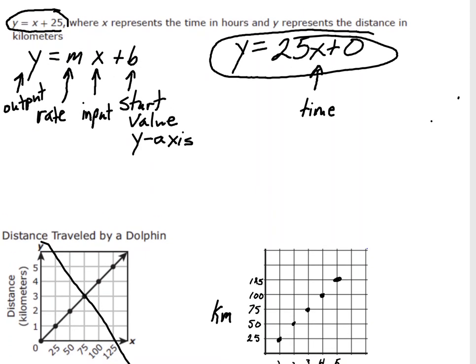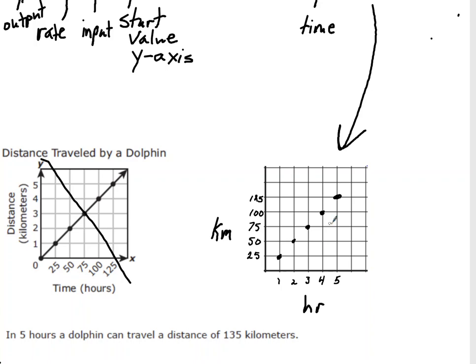Okay? So that is a graph. So I'm showing the graph of what the linear equation should be. It would look like that.